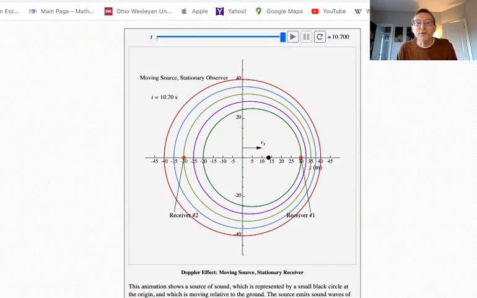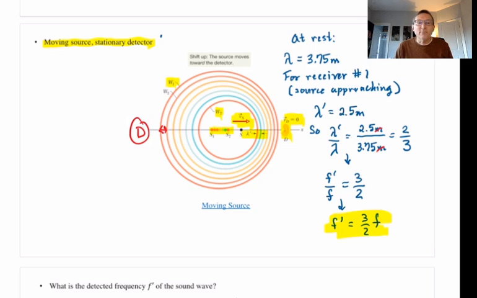And let's look at receiver 2 and estimate the detected wavelength. Got to look carefully. There's a wavefront passing right through detector 2 at negative 30 meters. And then what's the distance between that wavefront and a neighboring one? Look carefully, just the distance, it's 5 meters. So that's the detected wavelength for receiver 2, 5 meters. So let me now write that on my notepad.